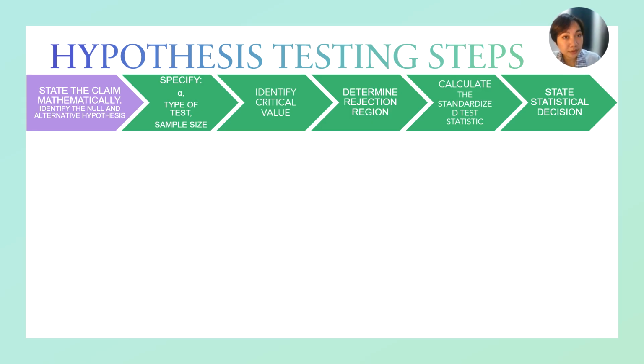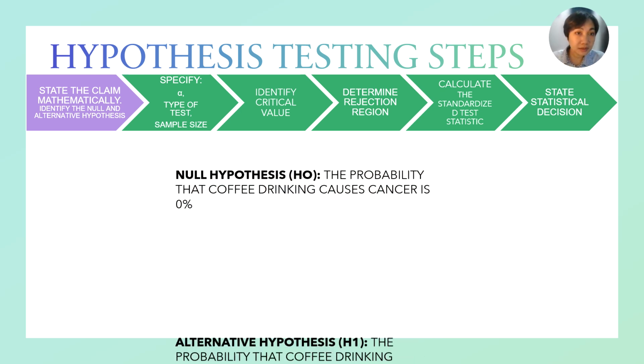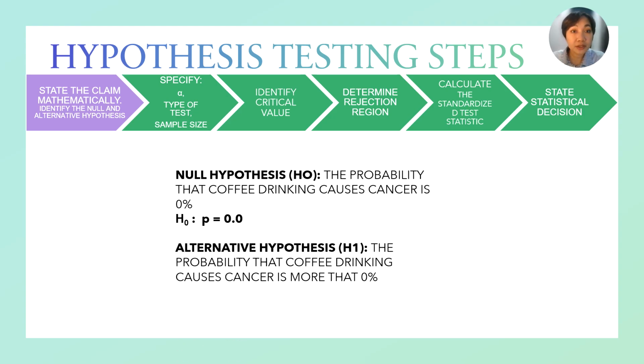First step is to state the claim mathematically. It is important to know what your alternative hypothesis would be because that will be the basis of your next steps. In this example, the alternative hypothesis is that the probability is greater than 0%. Notice the operator carefully. It is greater than. That will be the basis of the variables for the next steps, right? So it is important that the alternative hypothesis is correct.